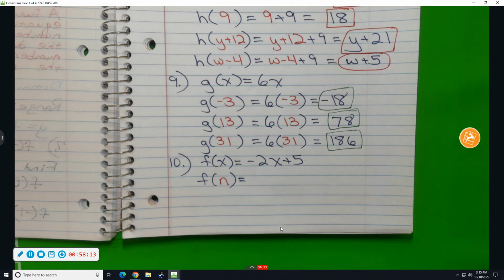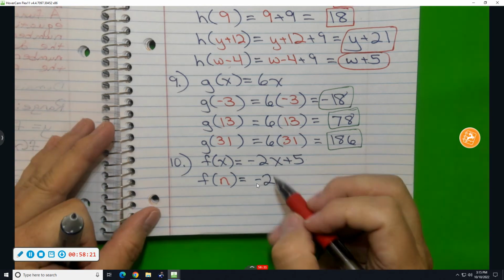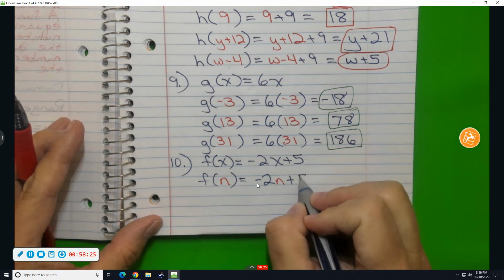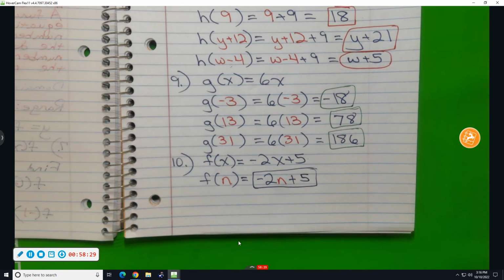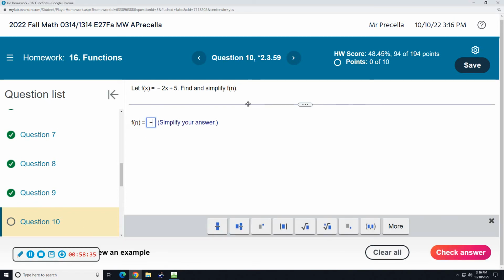It's just a change of variable. Instead of negative 2x, what are we going to have? Negative 2n plus 5. That one really isn't that hard. That's right. Negative 2n plus 5.